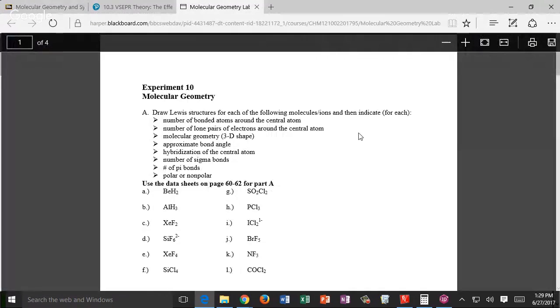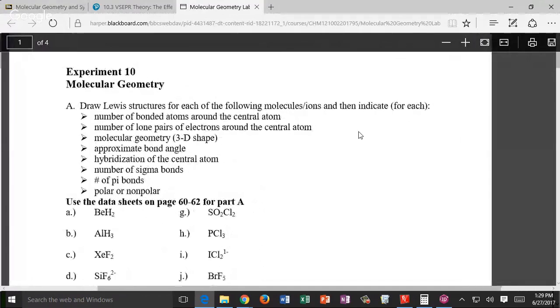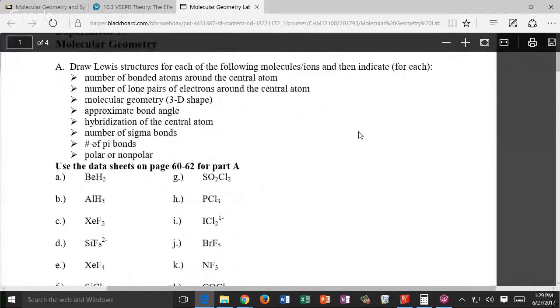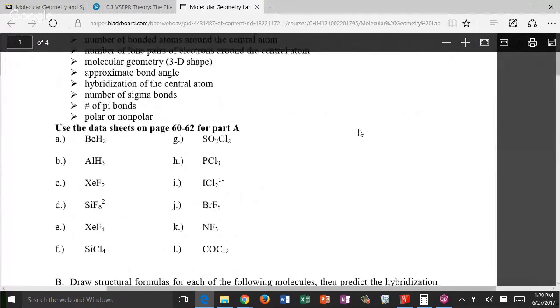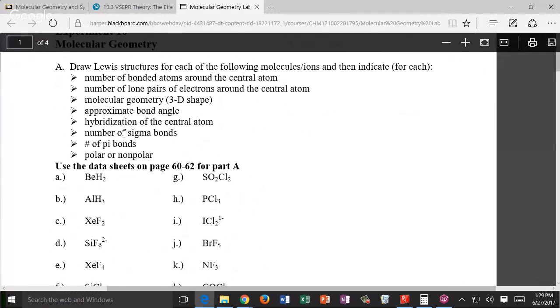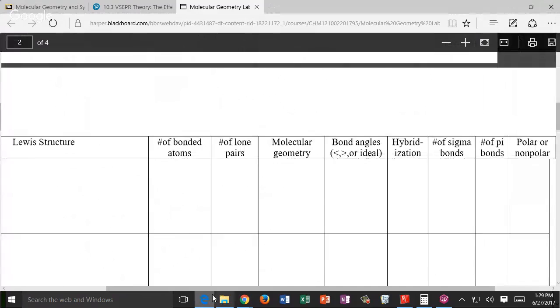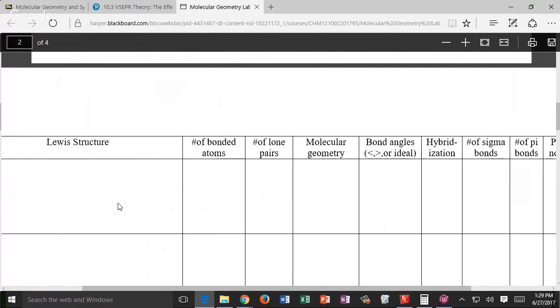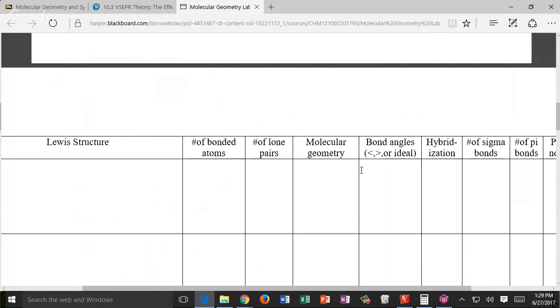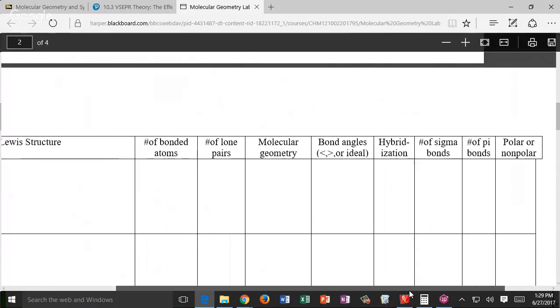So that's this one here. Yeah, the last several. So for each of these, there's a nice chart here where you're going to draw the Lewis structures and count the number of bonded atoms, the number of lone pairs, the geometry, and the bond angles. Remember, this is molecular geometry, not electron geometry.